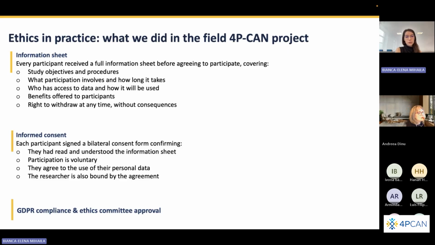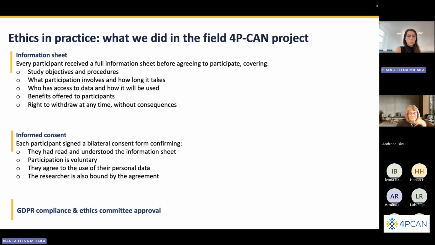We made active a hotline for them to call us and to call the medical doctors from the team, and to ask for different advice on health. And of course, we stated that they have the right to withdraw at any time without any negative consequences, not for the first wave, nor the second or third wave of the data collection. We also have an informed consent sheet.